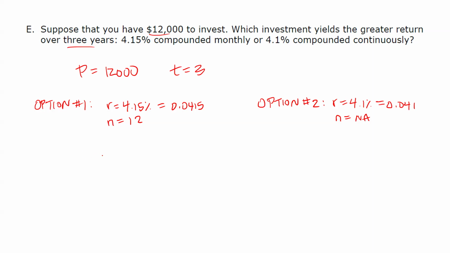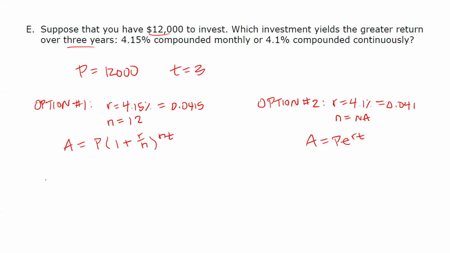So since we have a compounding rate here, compounding monthly for option 1, our formula is going to be A equals P times 1 plus R over N to the power NT. For option 2, we don't have an N, so we are compounding continuously. So our formula is A equals PE to the RT.